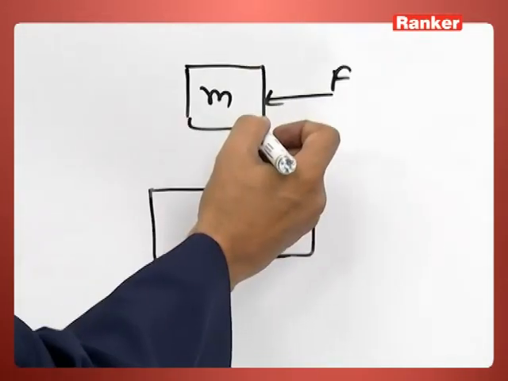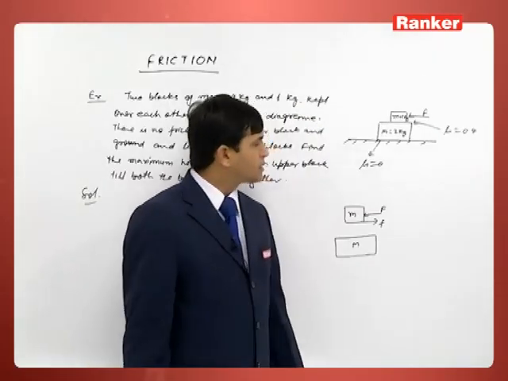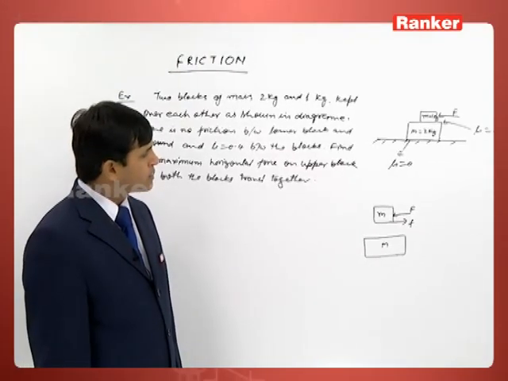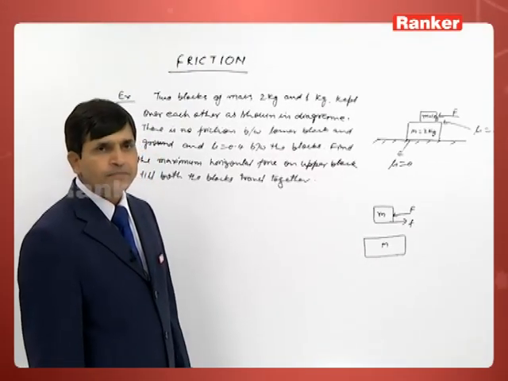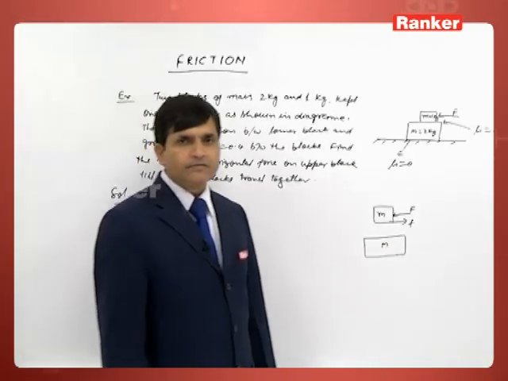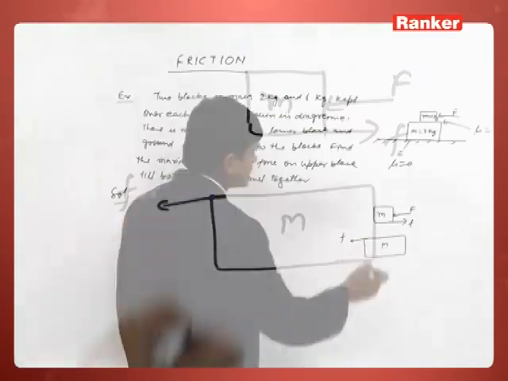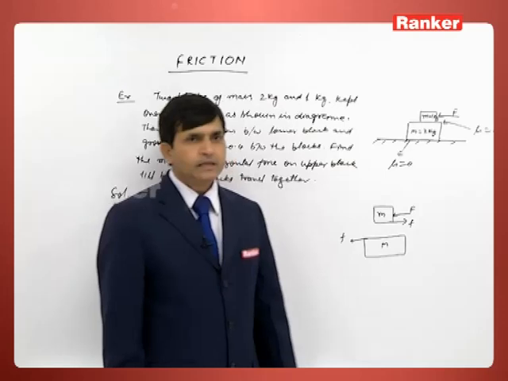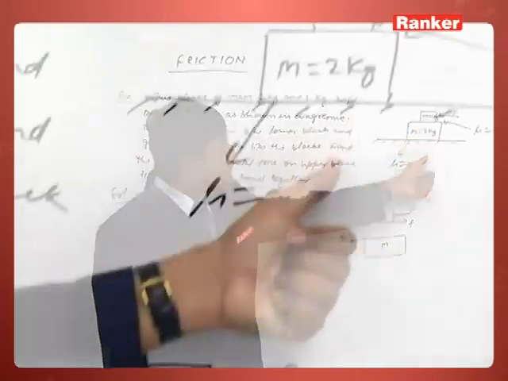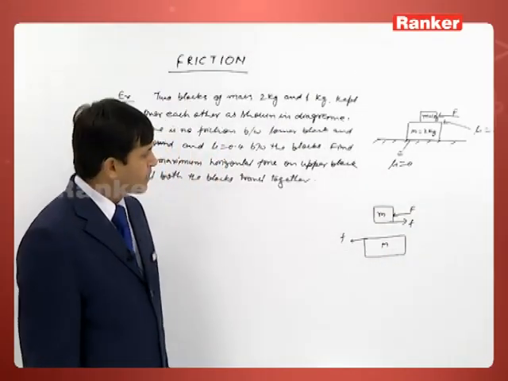So the friction force on the upper block is rightward. As we know, friction force is an action-reaction force. If the friction force on the upper block is rightward, then the friction force on the lower block will be leftward. This is the main point here. And since there is no friction between the ground and the lower block, no friction is there.